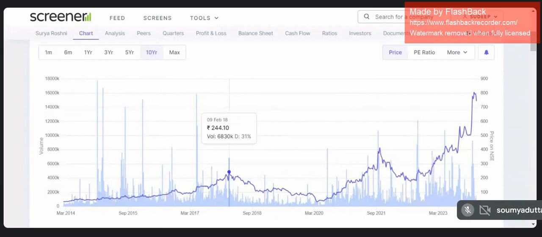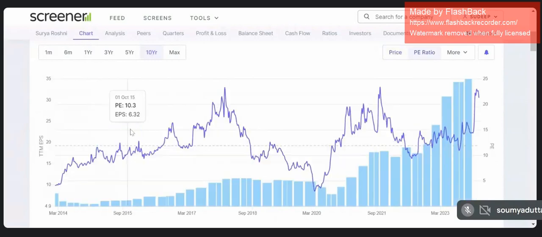This is a hill area. You don't want this. That is why I tell you to take your PE in these flat areas only. See, PE went up, then again it's back to flat areas in 2019. So if you know your fair value calculation, when it has gone up this much, you would have put a trailing SL.